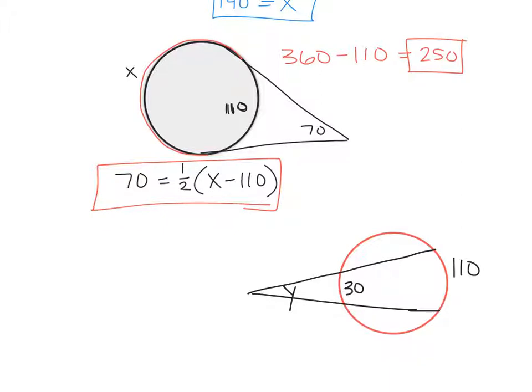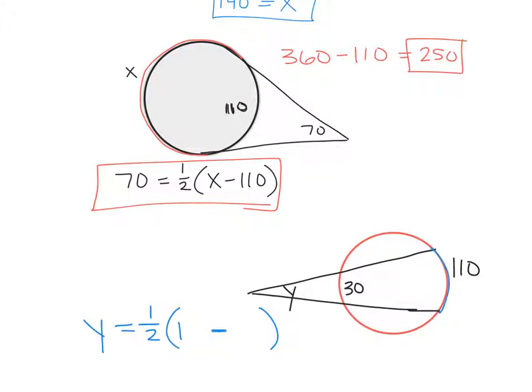What's your standalone? 30 is not the standalone. Y. It's always the angle that has to be by itself, right? So y equals half of, are we adding or subtracting on this one? Subtracting, because we meet outside the circle. When it's outside, you subtract. Which one comes first, 30 or 110? 110, the one that's further away.